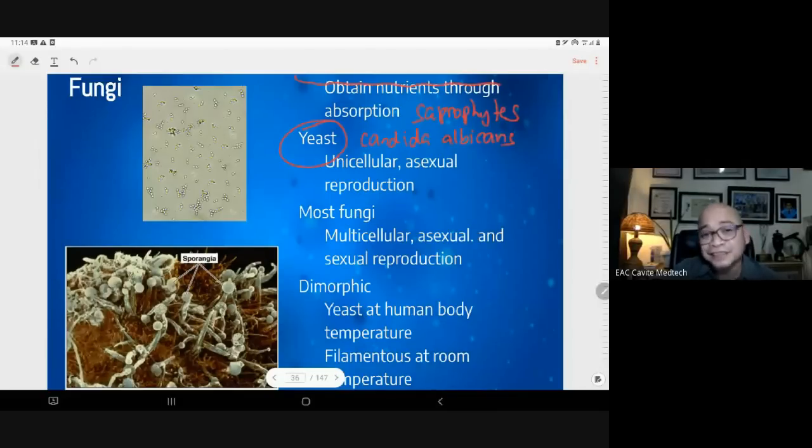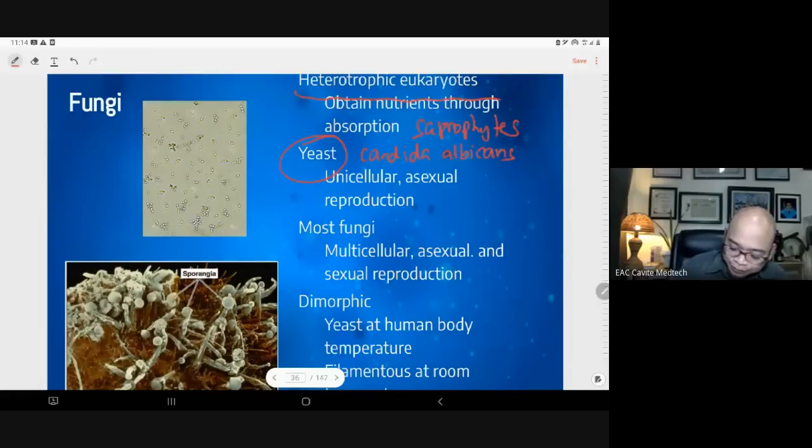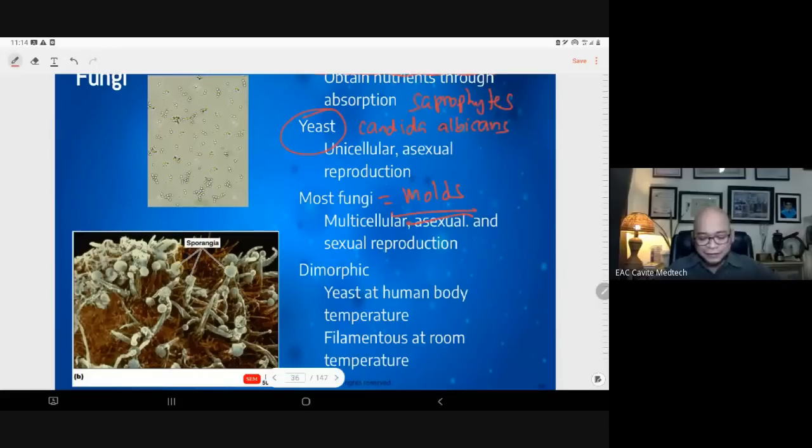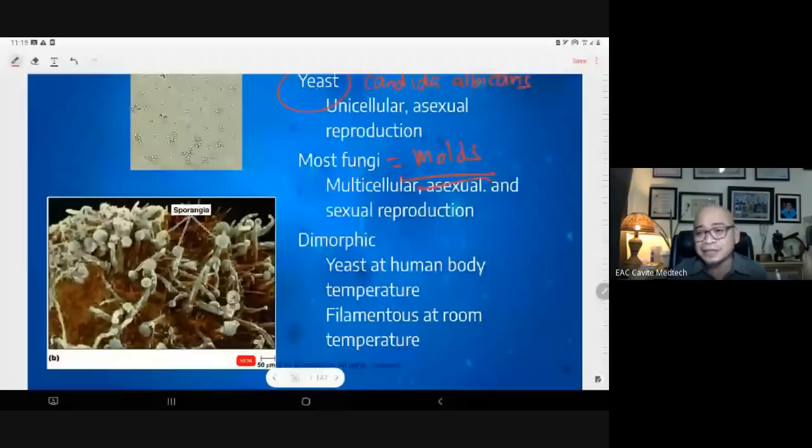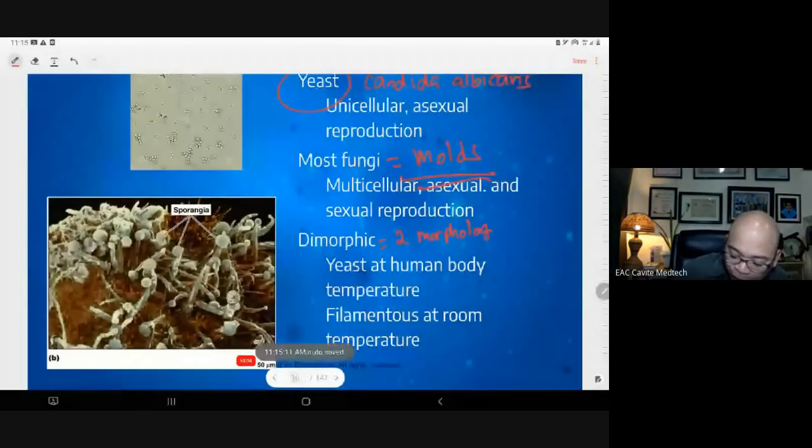Fungi such as molds are multicellular fungi. Some fungi exhibit dimorphic form. What does it mean? When you say dimorphic form, it means that some fungi have two morphologic forms.